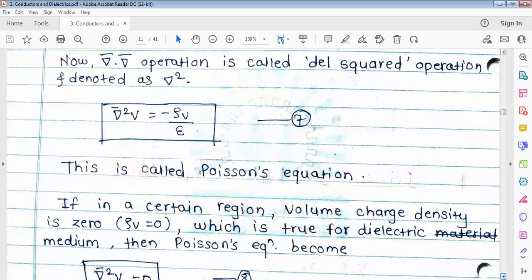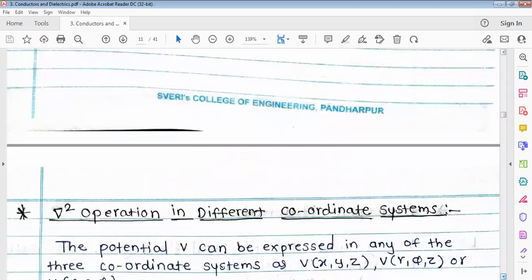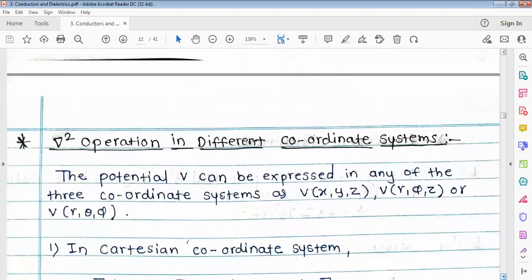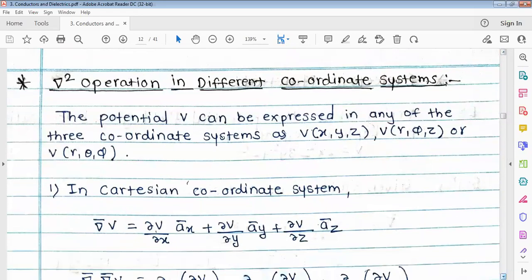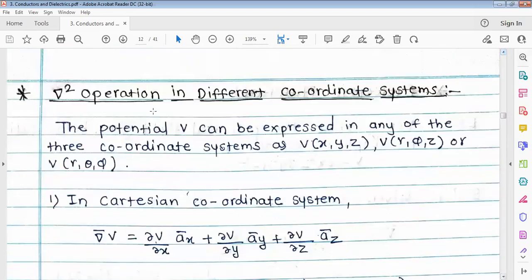Okay, now we'll see the example. Before that there is the del square operation. As they are asking you examples, you have to see this point first. We'll see the del square operation in different coordinate systems.